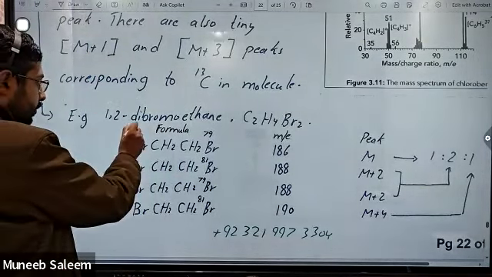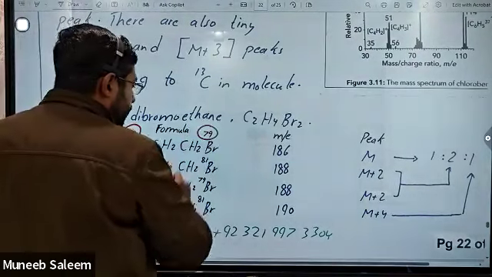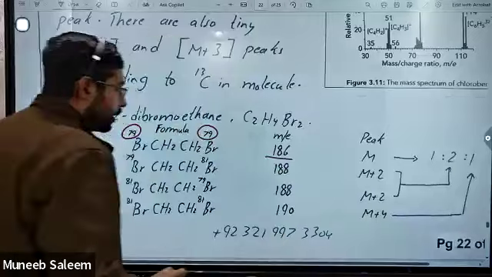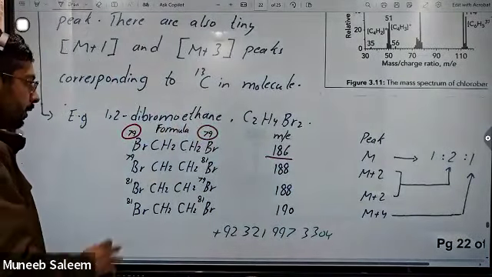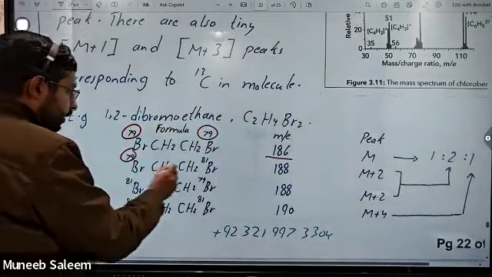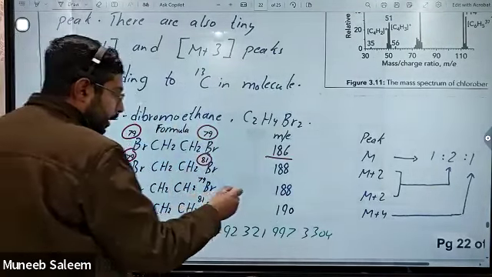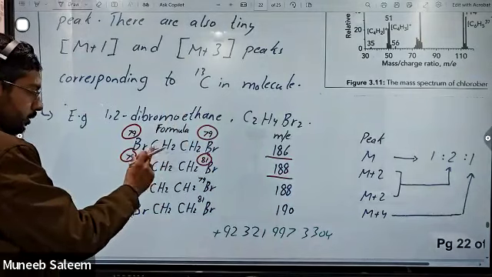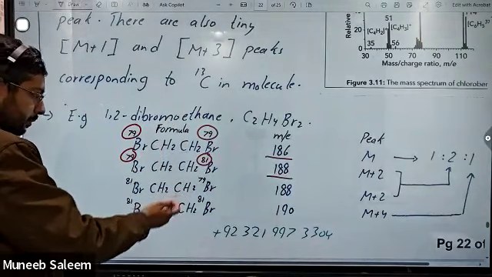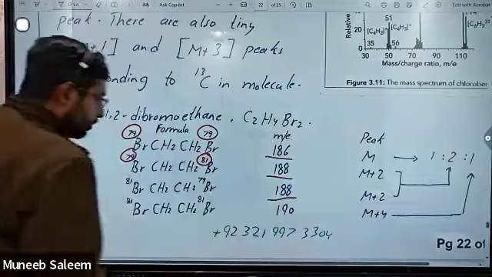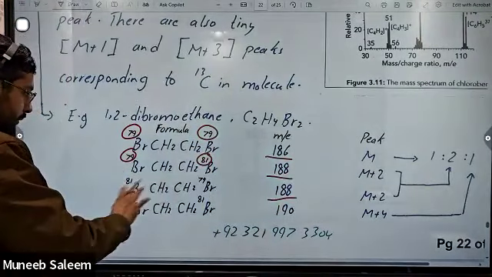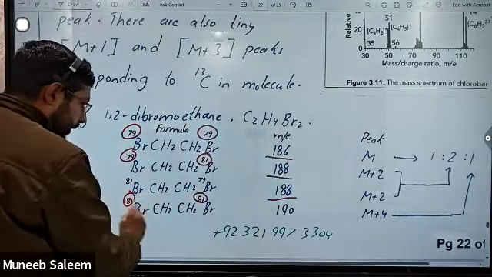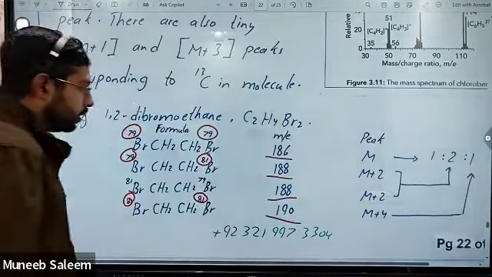If both bromine atoms are of 79 isotope, then the m/e value of this whole compound will come at 186. When one bromine is 79 and the other is 81, you will have a value at 188. And if you swap them, this becomes 81 and this becomes 79, you again have 188. Whereas if both of these isotopes are 81, you will get a peak at 190.